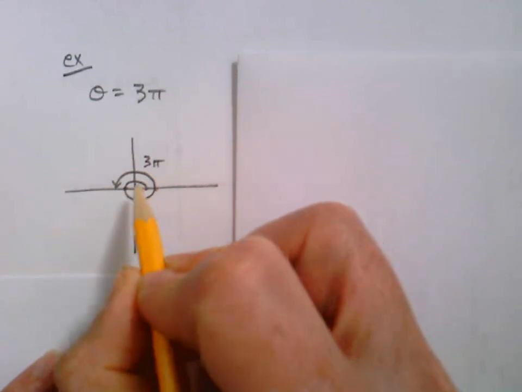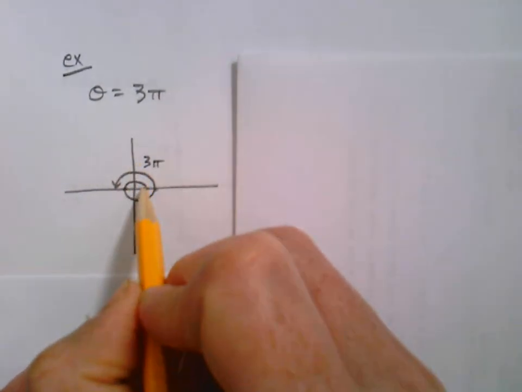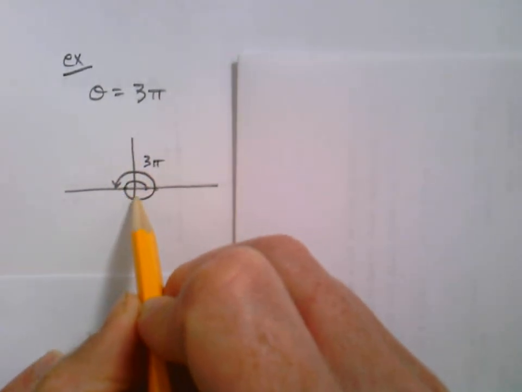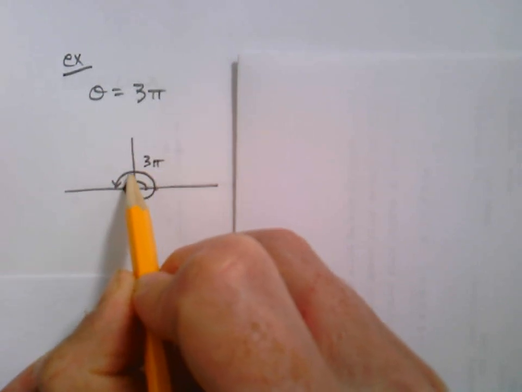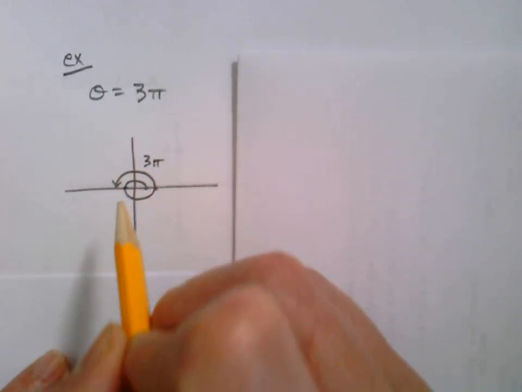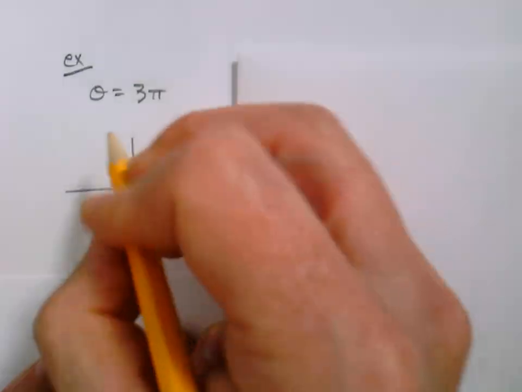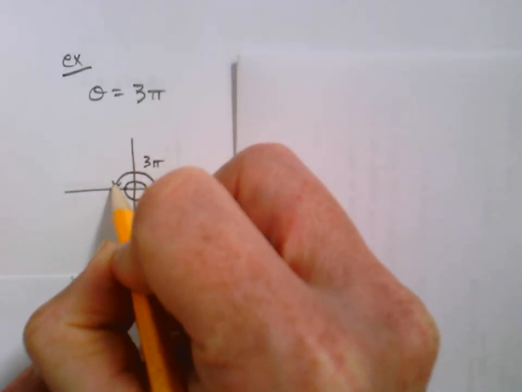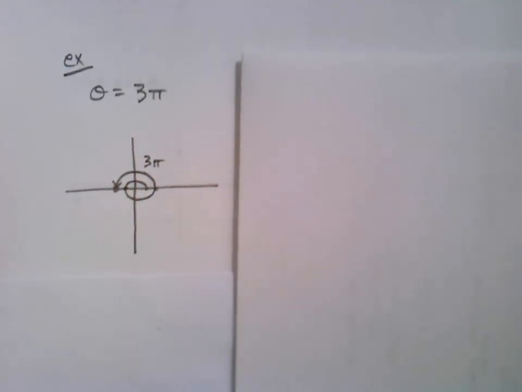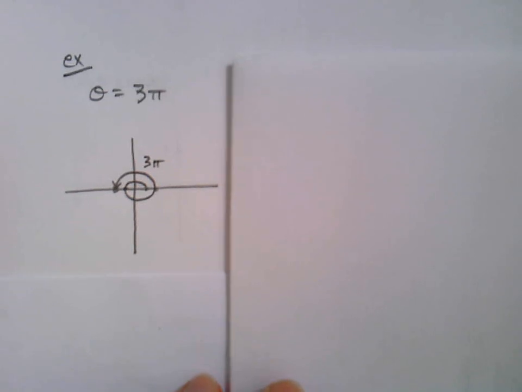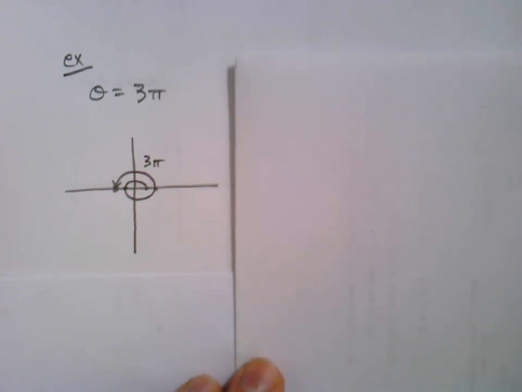Or maybe you just think it takes pi to go halfway. So here's pi, there's 2 pi to go all the way around. 3 pi would be another rotation of 180 degrees, and we end up landing right there. So you can go beyond 360 degrees or beyond 2 pi. You just keep spinning around the circle.